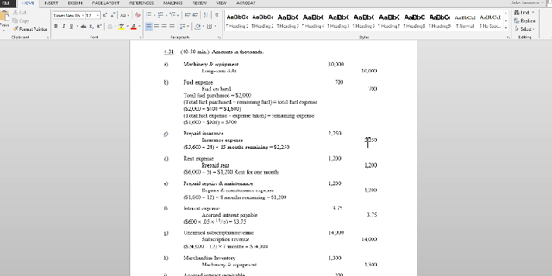Moving on to D. On December 1st, $6,000 was paid in advance to the landlord for 5 months' rent. The tenant debited prepaid rent for $6,000 on December 1st. What adjustment is necessary on December 31st on the tenant's books?